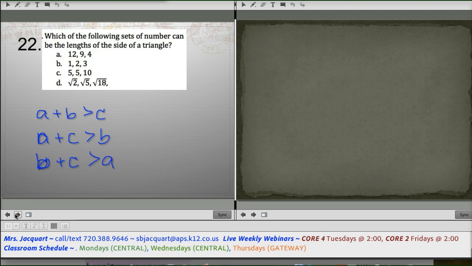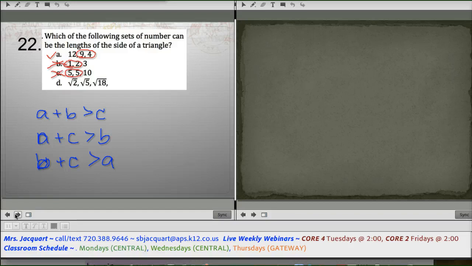So let's find out which ones do and do not work. If I have 9 plus 4, is that greater than 12? Yes, so far good. What if I have 1 plus 2? Is that greater than 3? No. What about 5 plus 5? Is that greater than 10? No.